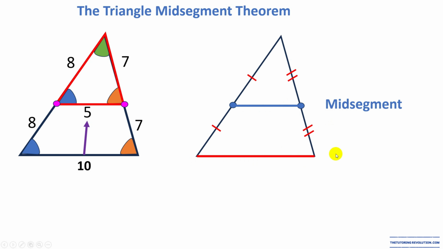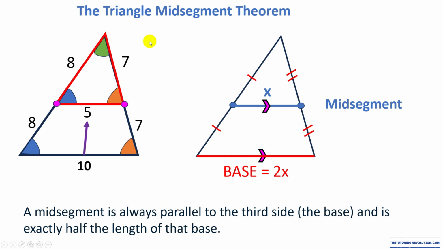This is the base. Let's say it measures 2x, the midsegment in length is going to be x, okay? And this midsegment is parallel to the base. That's what the midsegment theorem says about triangles.